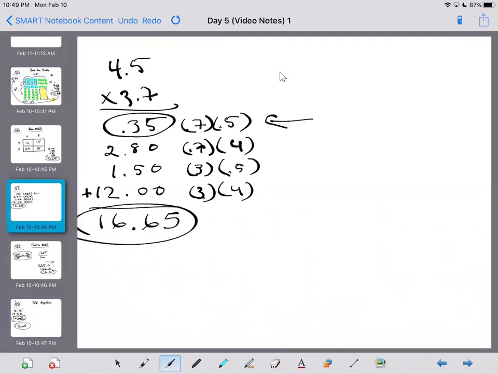And we see that we get something much smaller than 7/10 and 5/10. We get 35 hundredths. What happens when you take a whole number 4 and multiply it by 7/10? You get something smaller. So that's the goal, and you want kids to recognize that when we are multiplying a whole number by a decimal, or even a decimal by a decimal, we are going to get a smaller value.